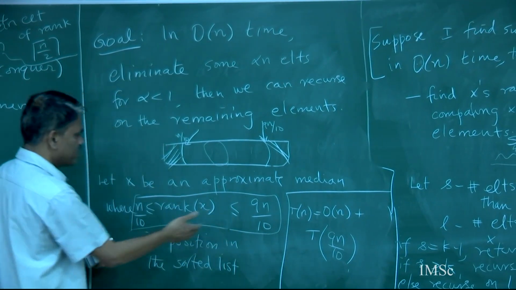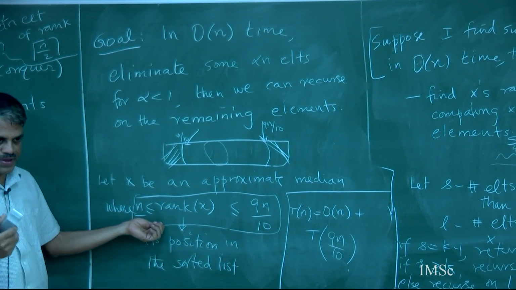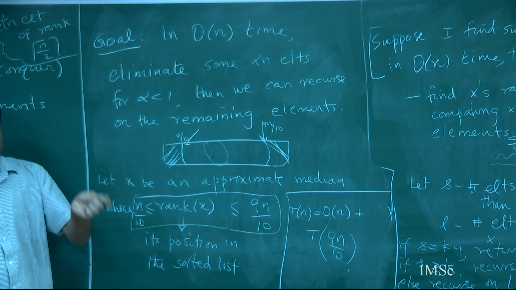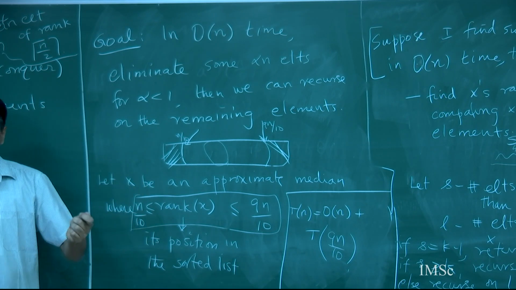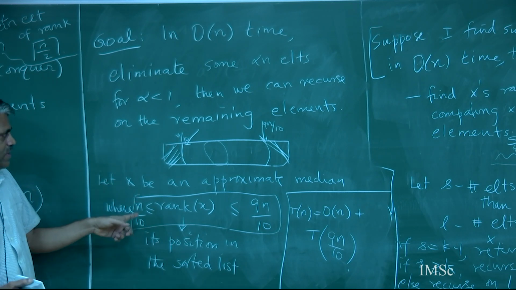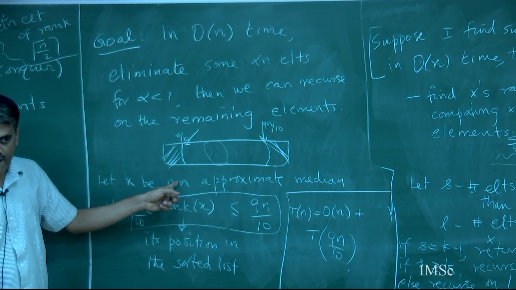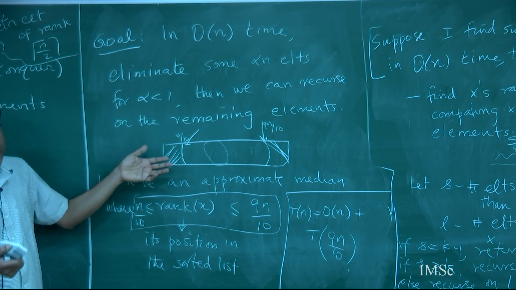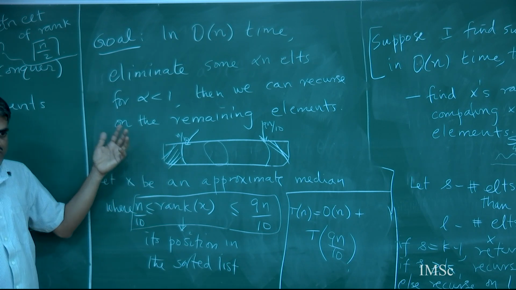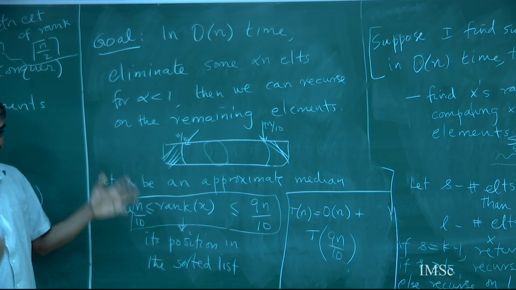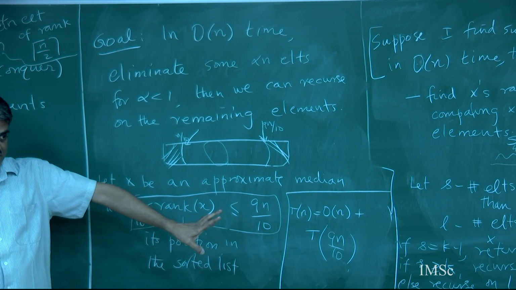What is the probability that it will satisfy the X I am picking? Because X has equal probability of any of the n ranks. Exactly, 8n by 10 out of n, so 4 by 5. Very high probability, 4 by 5, that I would actually throw away a fraction of elements.